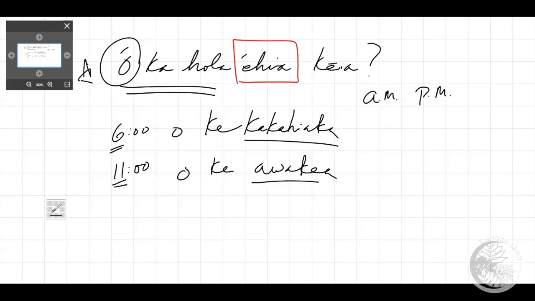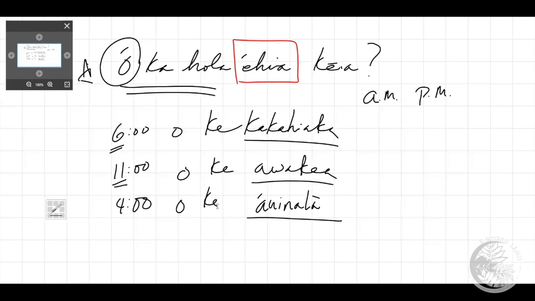Yeah, of midday, o ke awakea. Maybe I'm talking about 4 p.m., which has passed on. The sun has passed on, and of course we would know o ka hola ʻeha o ka awina la.